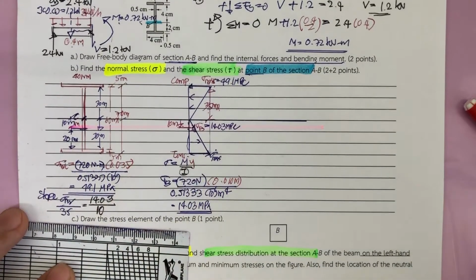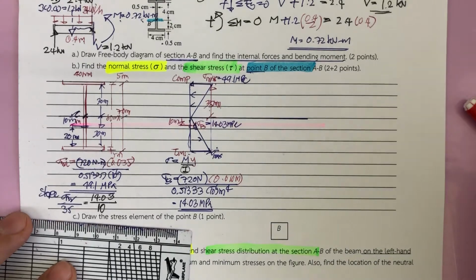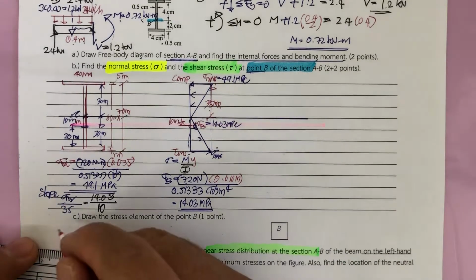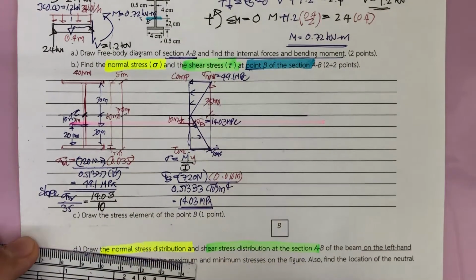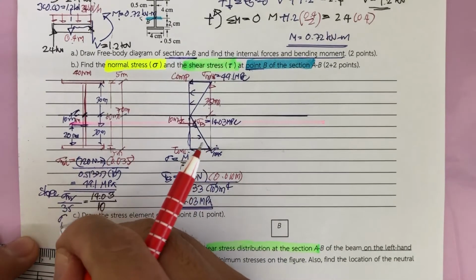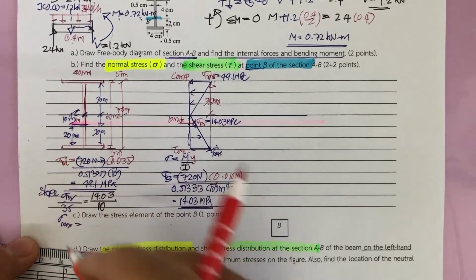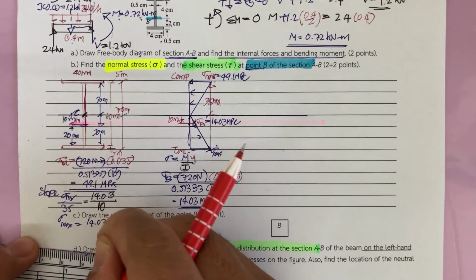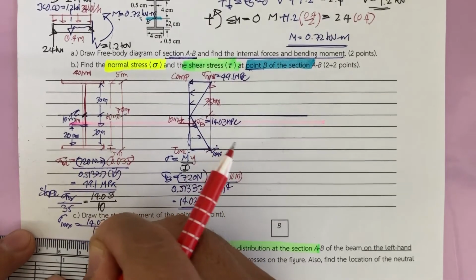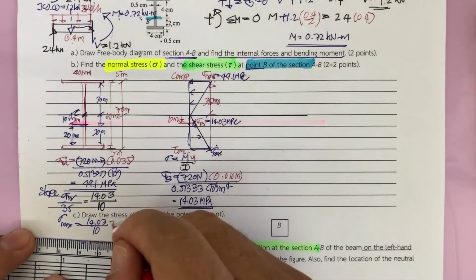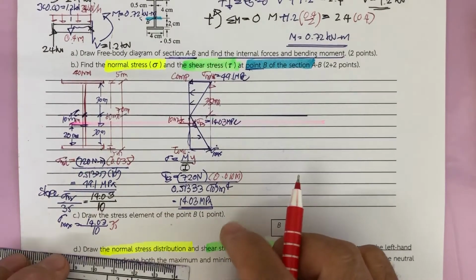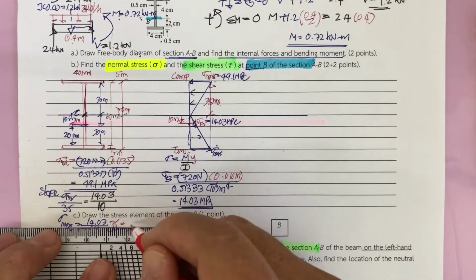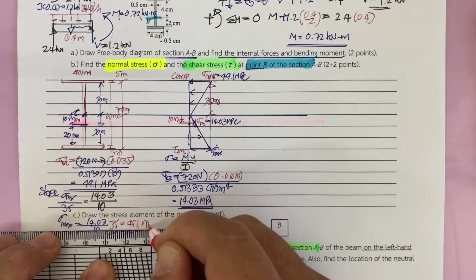If you put this into your calculator, you take 14.03 divided by 10, and then times 35, and you should get 49.1 megapascal.